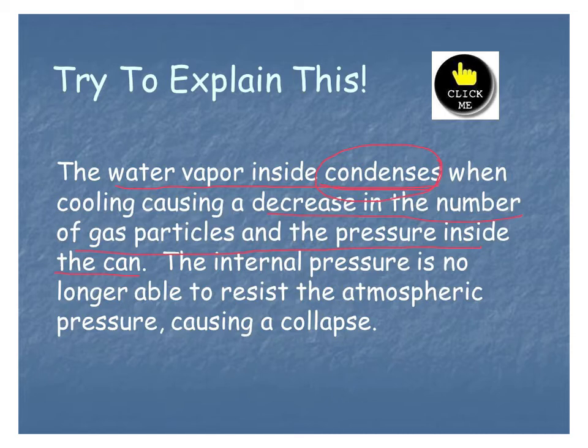And then the other thing, the external pressure on the can is greater than the internal pressure, and so it pushes on the can until finally the can collapses, and will continue to collapse until P inside equals P outside. And to do that, it's got to reduce its volume.